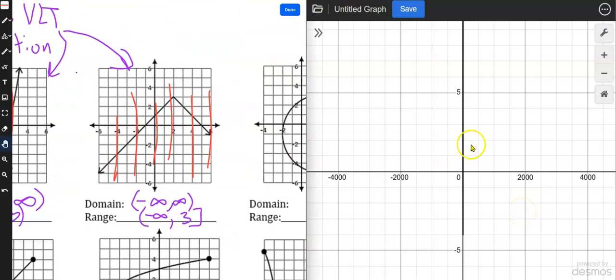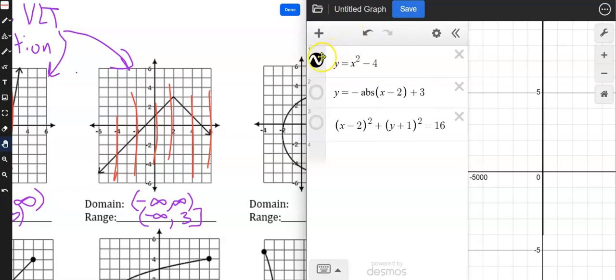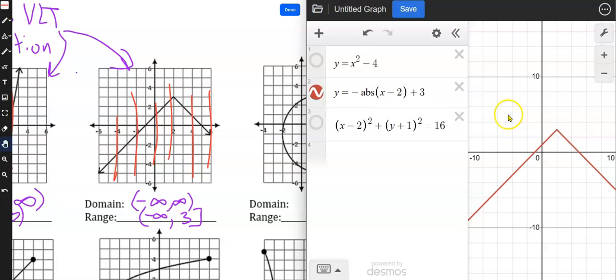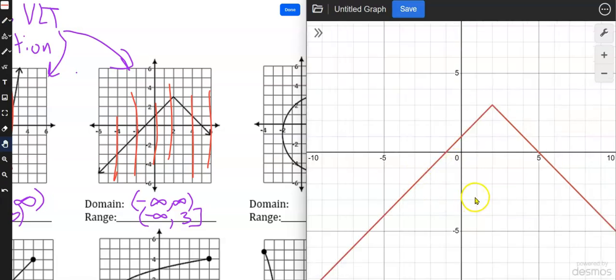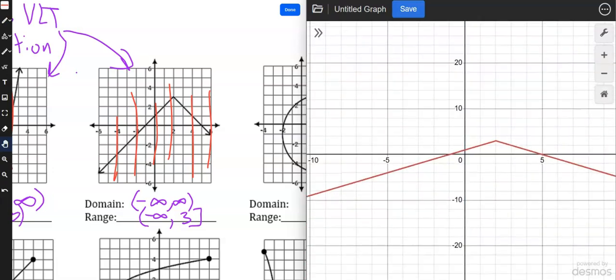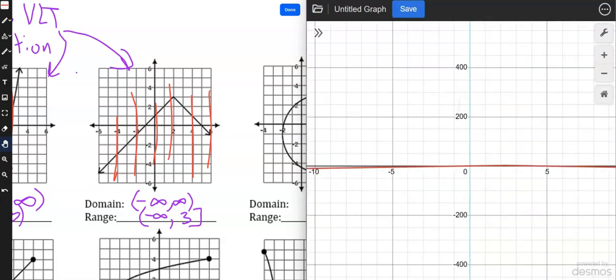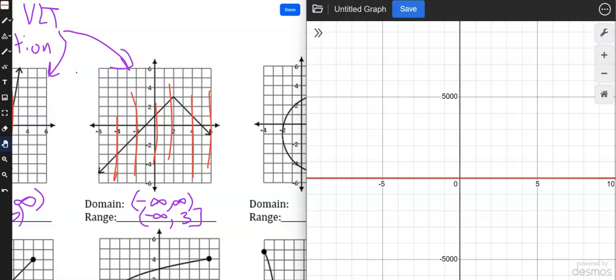Okay, we've got our next equation. Okay, and we're going to do the same thing. Smash it onto the x-axis, how much of the x-axis got covered. And as you can see, it looks like the entire thing. So that means negative infinity to positive infinity for the domain.